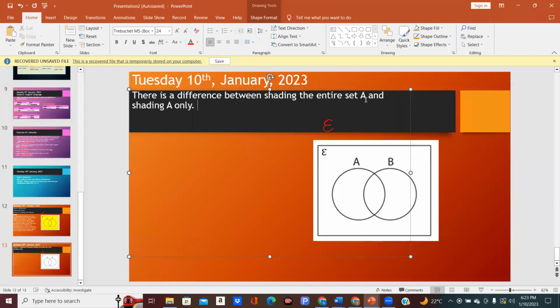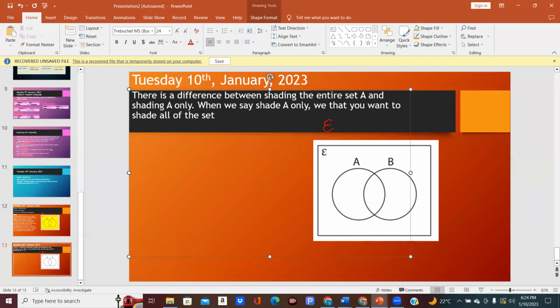When we say shade A only, we mean that you want to shade all of set A, but not where it intersects with set B. But when we say shade set A, you can shade all of set A, including the intersection.